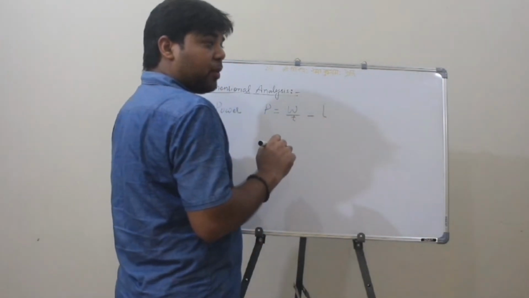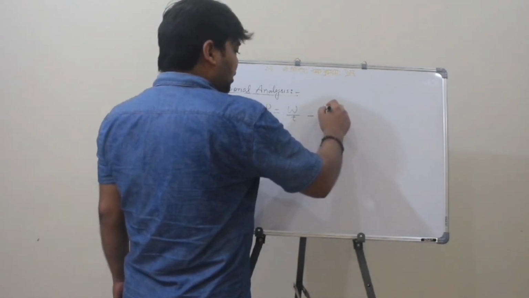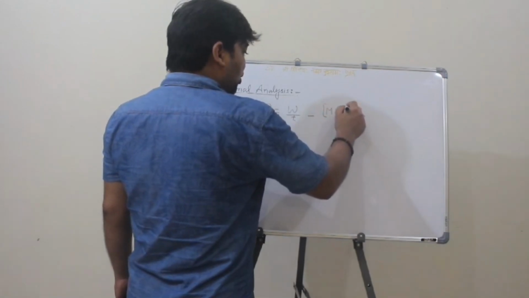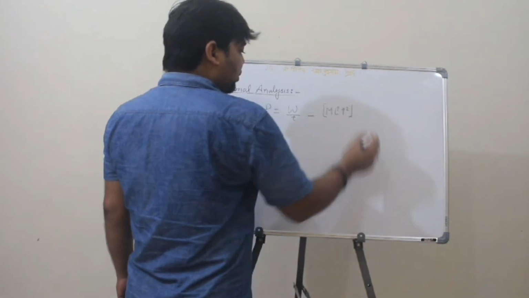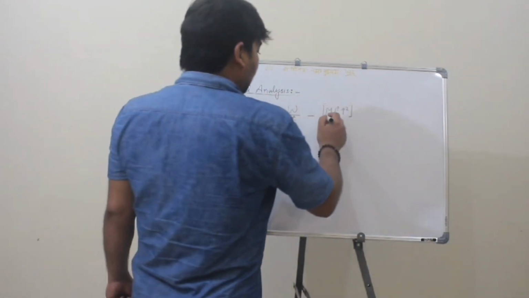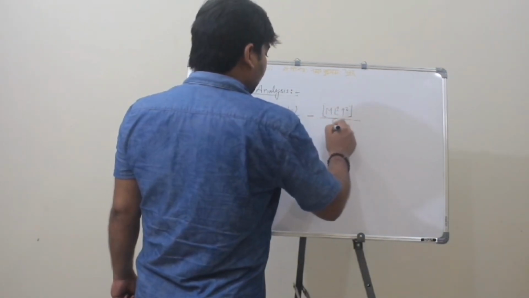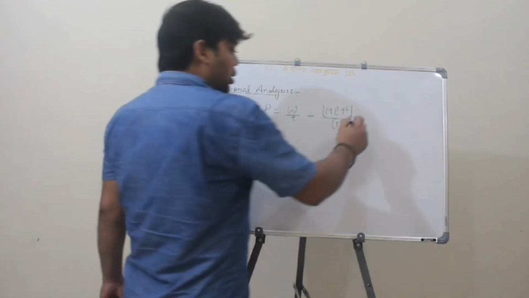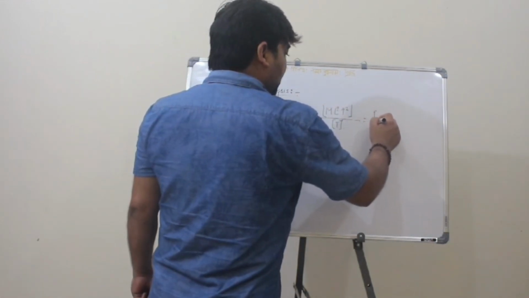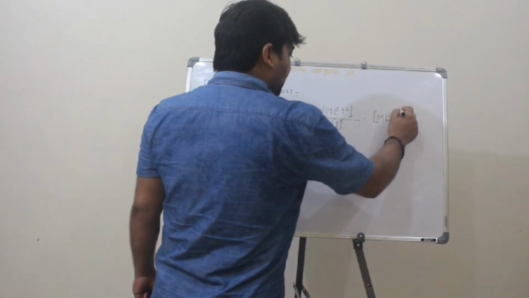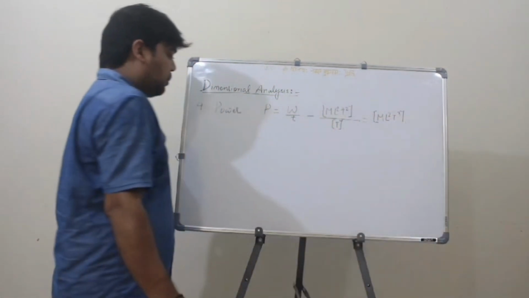Work done is nothing but a form of energy. So it has a dimensional formula of ML square T to the power minus 2, which is force multiplied by the displacement, and then divided by the time, which has the dimensional formula of capital T. So the dimensional formula of power will be ML square T to the power minus 3, as simple.